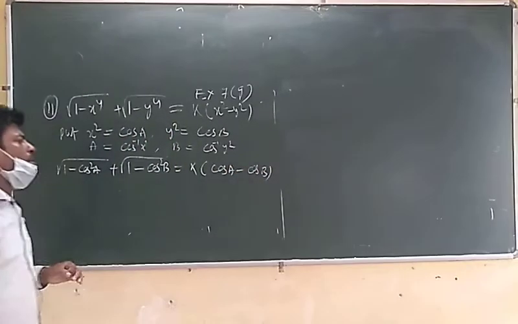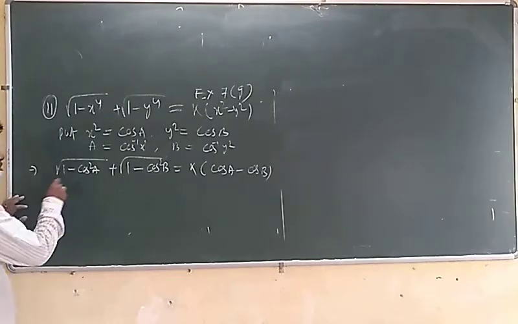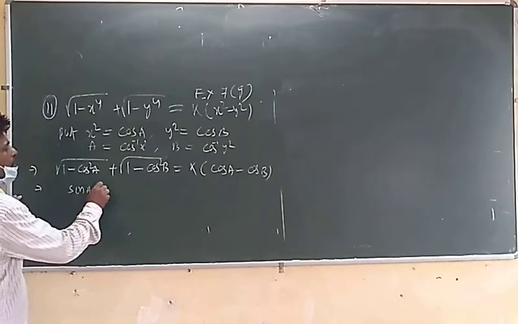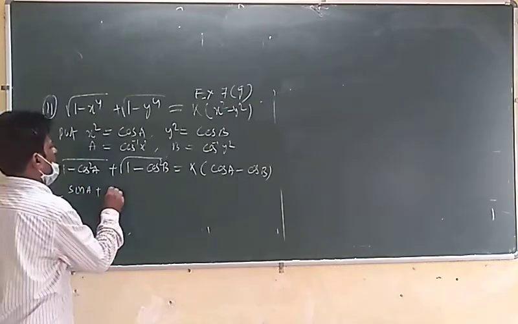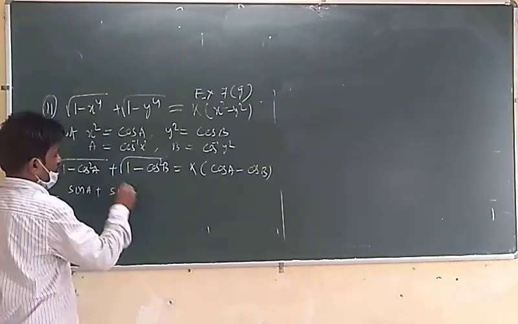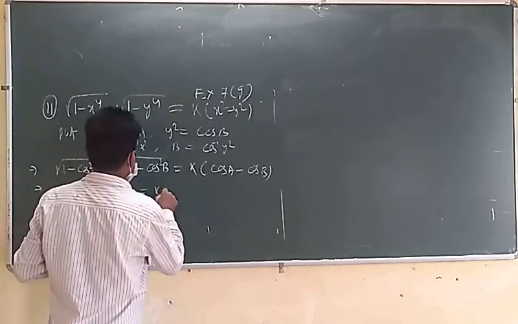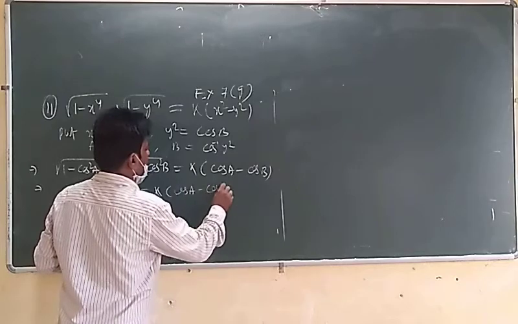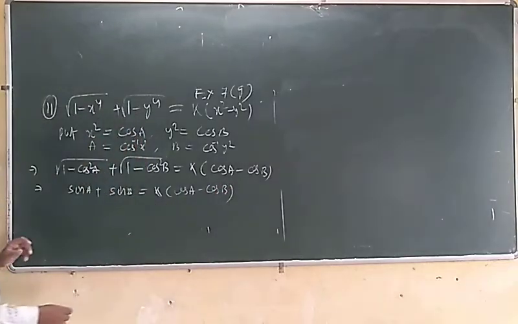You look how I solved this problem. 1 minus cos square a is sin a, 1 minus cos square b is sin b, so root over gives k whole into cos a minus cos b.